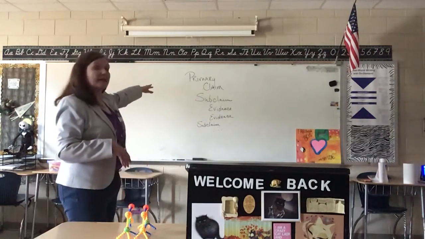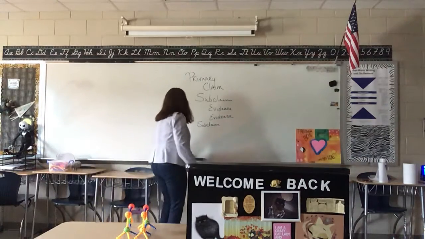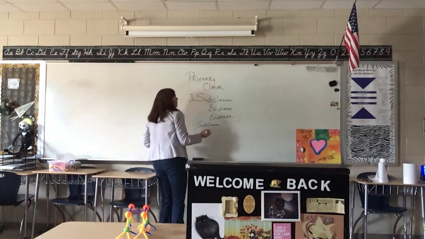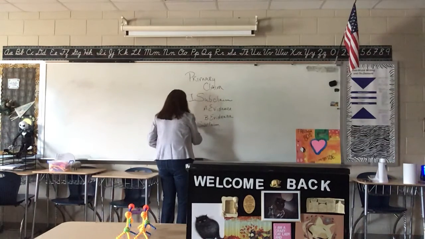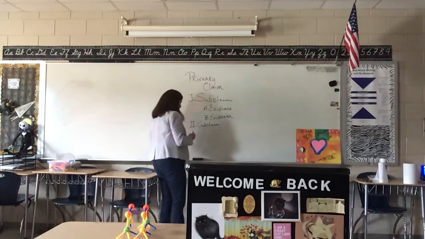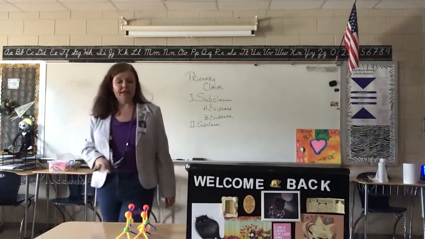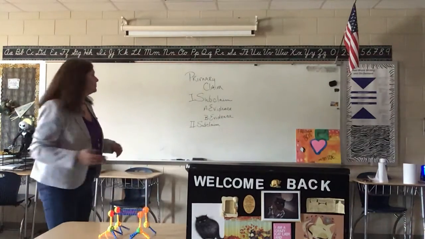So if you want to do it like this, primary claim, subclaim, and of course if I were doing this for somebody who cared about that sort of thing, this would be Roman numeral 1. This would be letter A, this would be letter B, and so on and so forth. But you can also do it in a more visual representation like this. Please don't turn in any Tinker Toys.